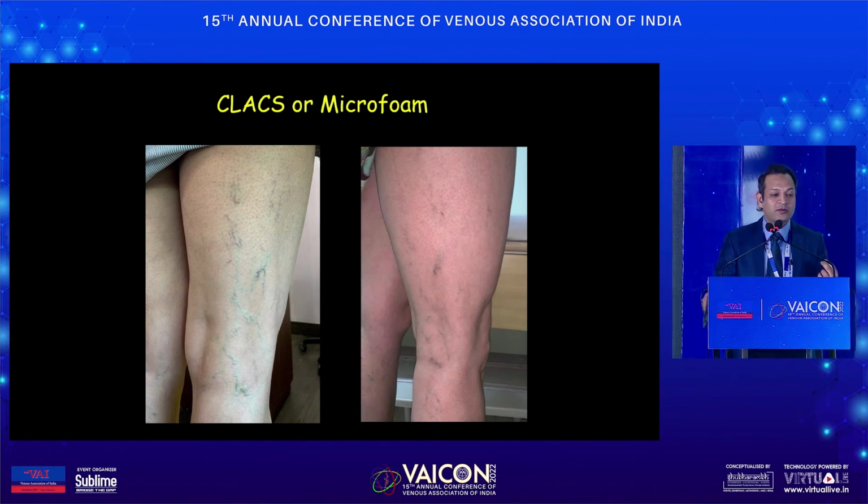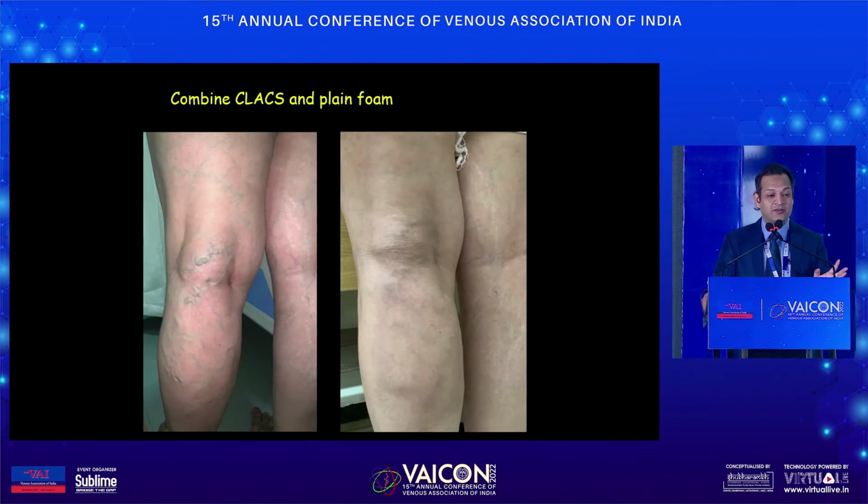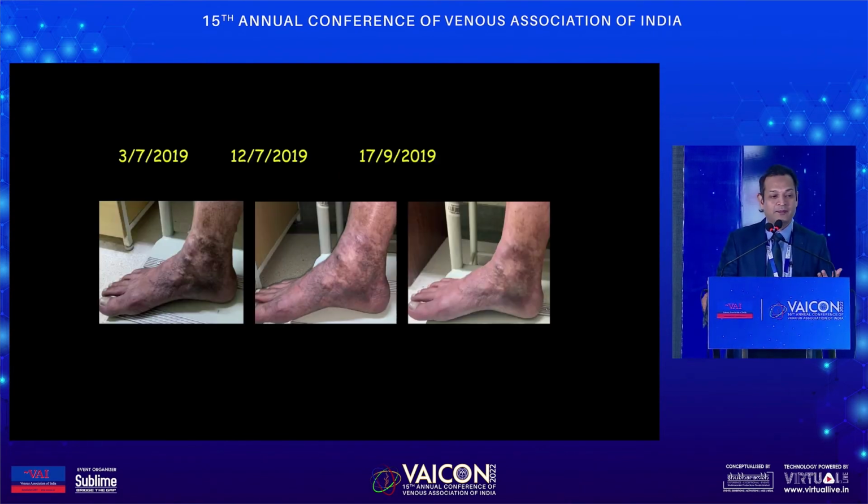Did we do a Clark's or a microfoam? We did a combination. Wherever I have pigmentation left over, that is because of the dilute foam which we injected. This will get lighter in 6 months, but it is there. This was a combination of Clark's and plain foam, 2 sittings, but it really takes a lot of time.